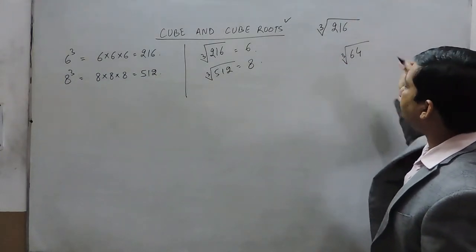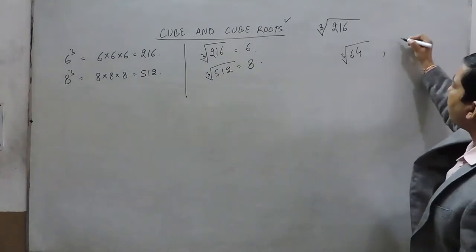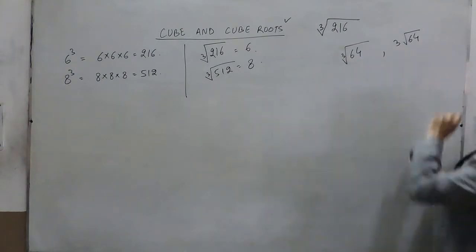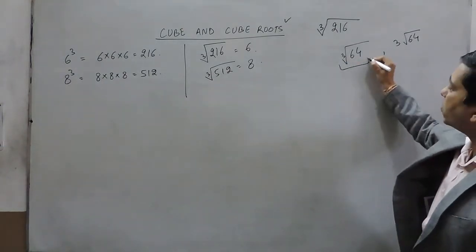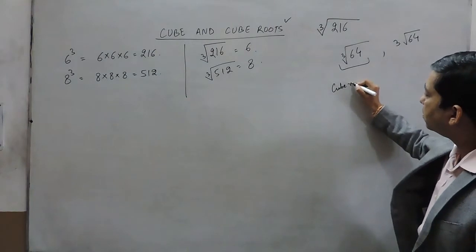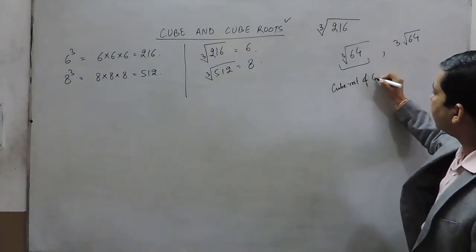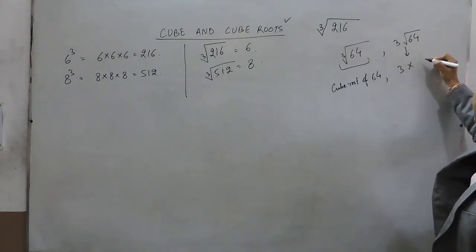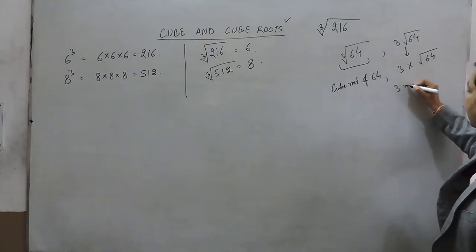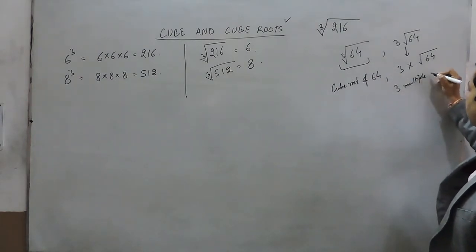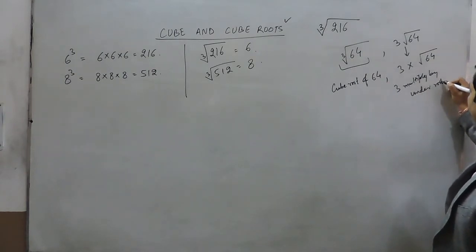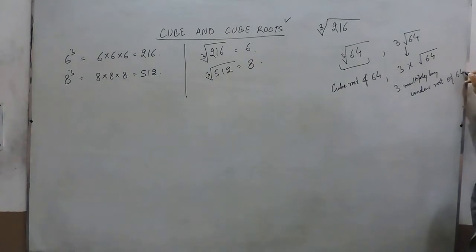Here, one thing is very important: in books, at times a number is written like this or like this. On the other hand, we can also write something like this. Now these two things are different. This is actually the cube root of 64, while this is 3 multiplied by the square root of 64.